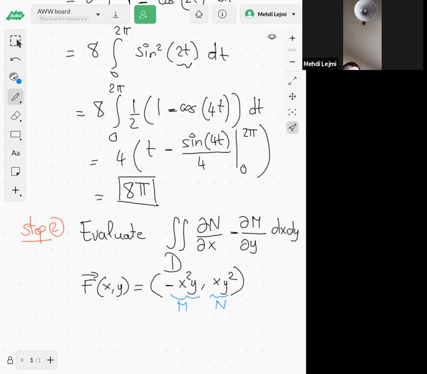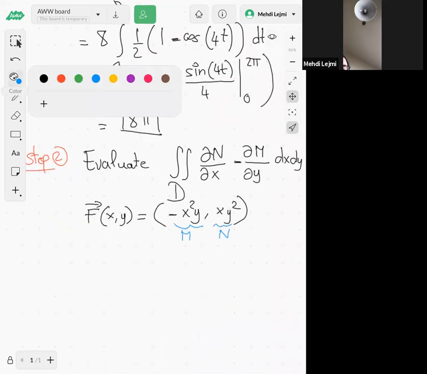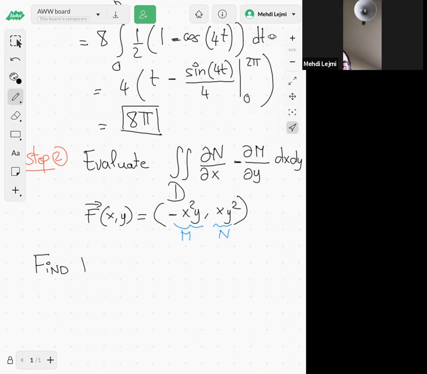Here we have to find the bounds for D. The main thing is to find the bounds for D, which is the interior of the circle of radius 2. If it's the interior of a circle, the best way to parameterize or find the bounds for D is to use polar coordinates.